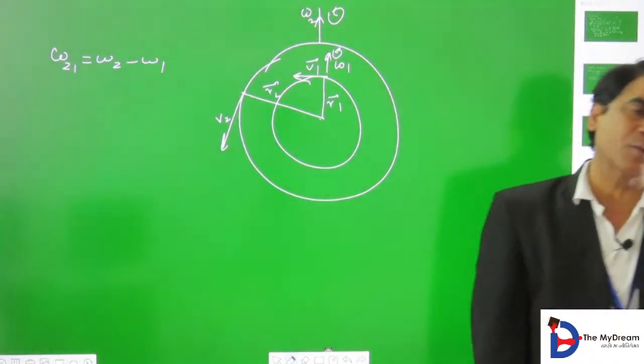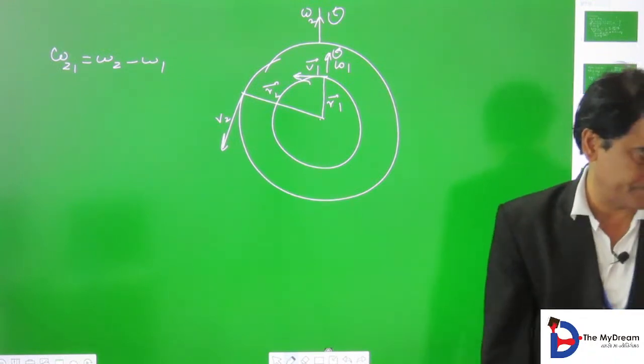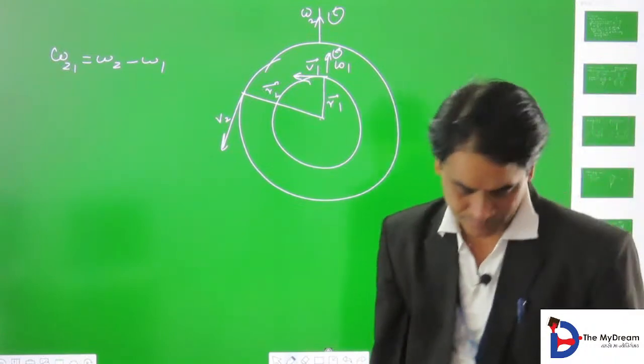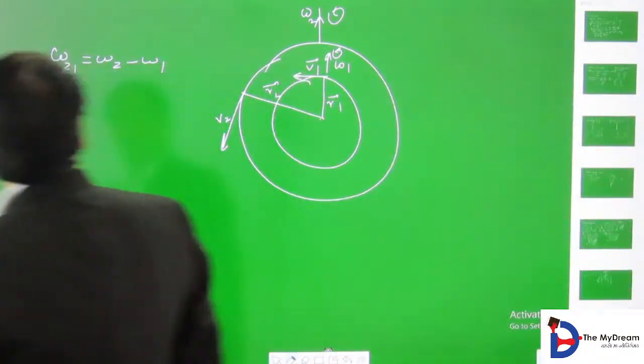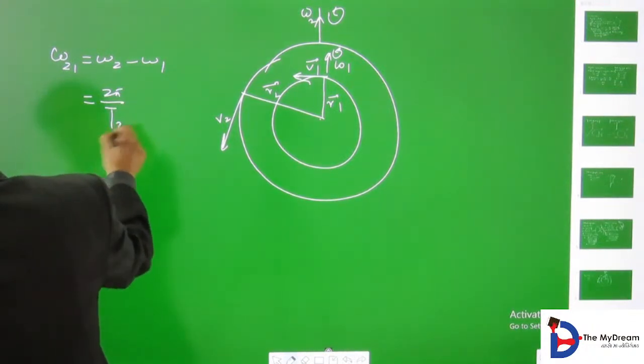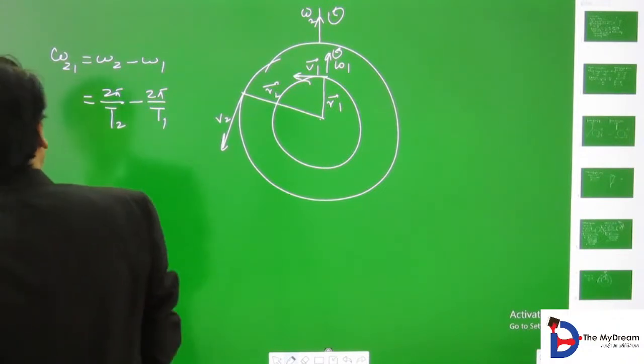Omega 2 minus omega 1 is the change in angular velocity. Next, it can be written down 2 pi by t2 minus 2 pi by t1.